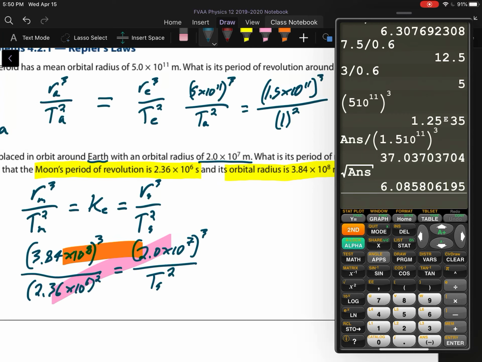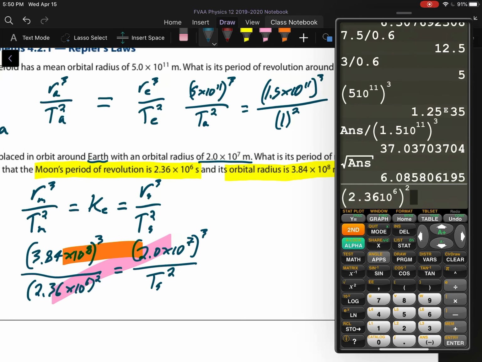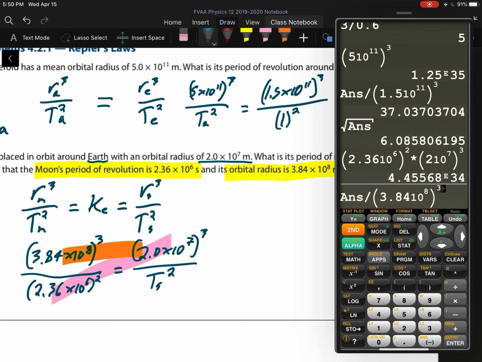So I have 2.36 times 10 to the 6 squared times 2 times 10 to the 7 cubed divided by 3.84 times 10 to the 8 cubed.